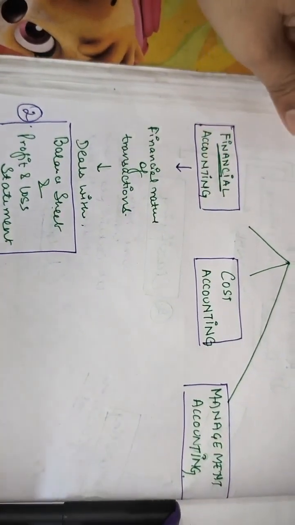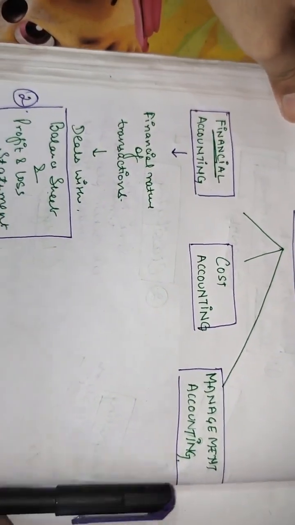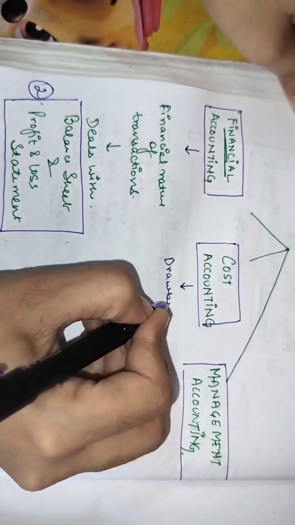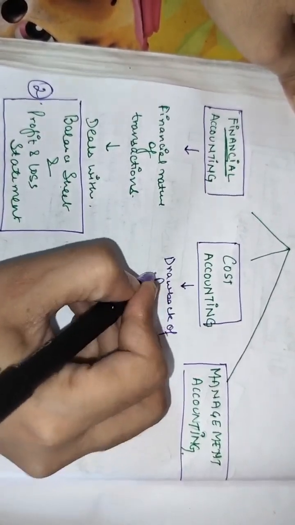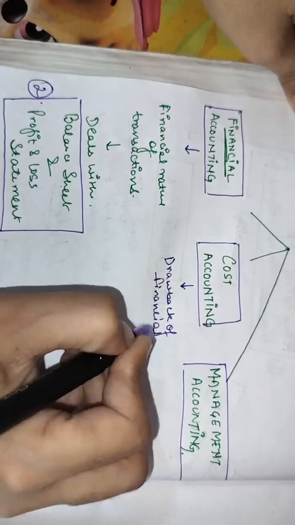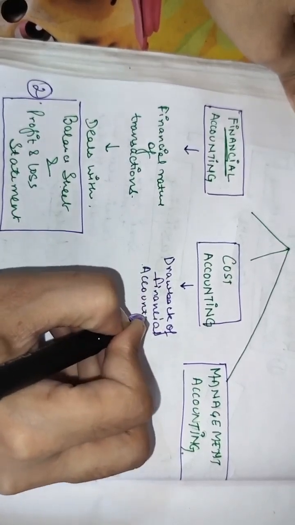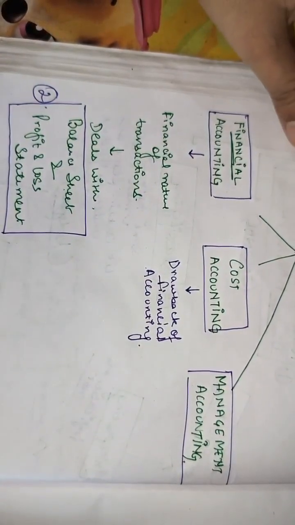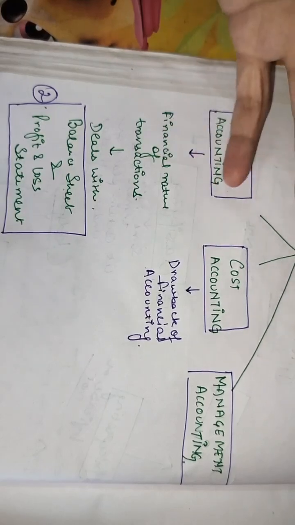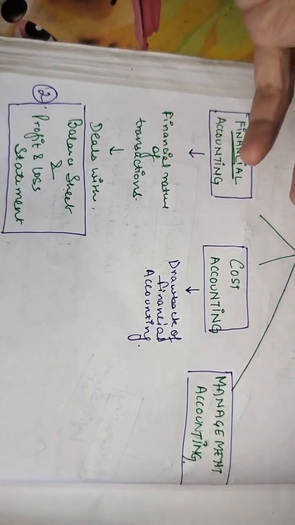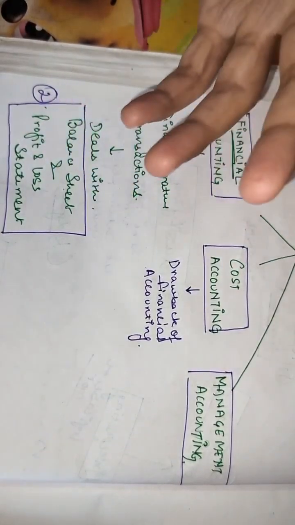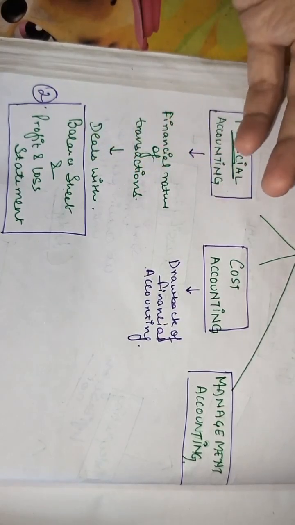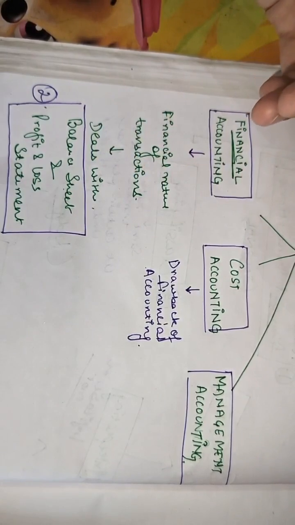Next one is cost accounting. Now the major drawback of financial accounting is that it only gives information about the profit and loss or the assets and liabilities of the business, but it does not provide any information regarding the cost of a particular product, or cost of a particular item that is being purchased for the business.